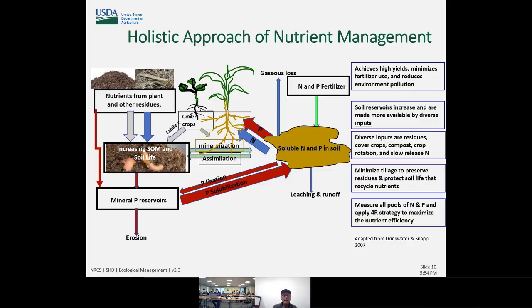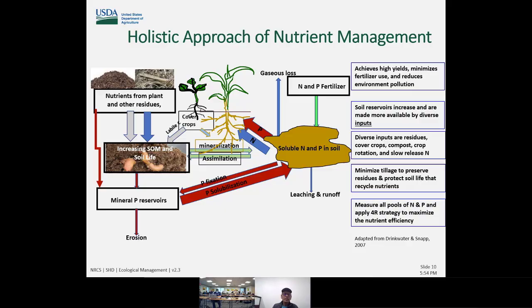And since we have diverse inputs, so let's say we are also using compost or residue and other forms of carbon amendment, and also cover crops, these are all increasing the soil organic matter and also thriving soil habitats in there.